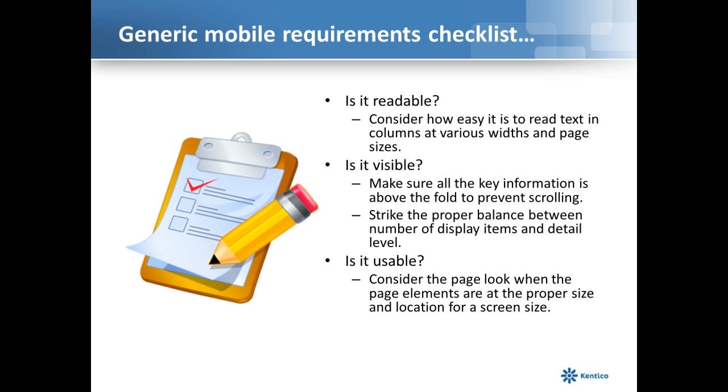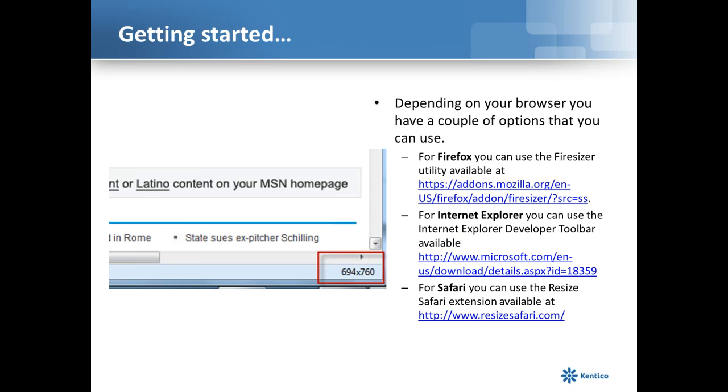So let's talk about getting started, and this tends to be how we think about things like responsive web design. When we look at responsive web design, we tend to think about different browser or pixel sizes. And obviously it's not as nice to have a set of mobile devices on our desk.